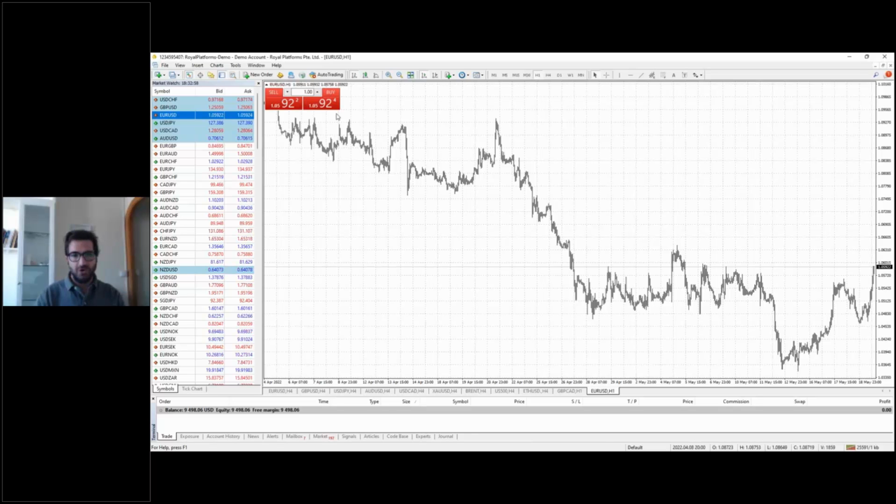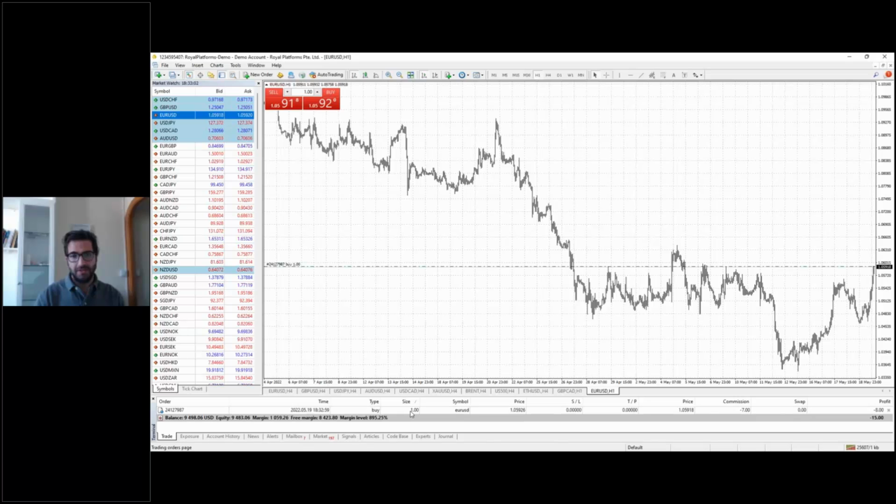So I opened a 100,000 euro position on Euro USD. As you can see down below, the broker took a margin on the 100,000 euros. The margin taken here is $1,059.